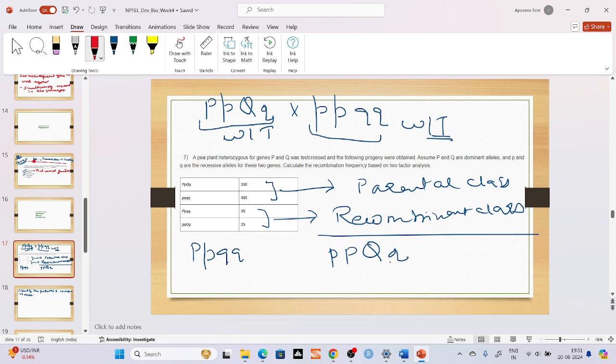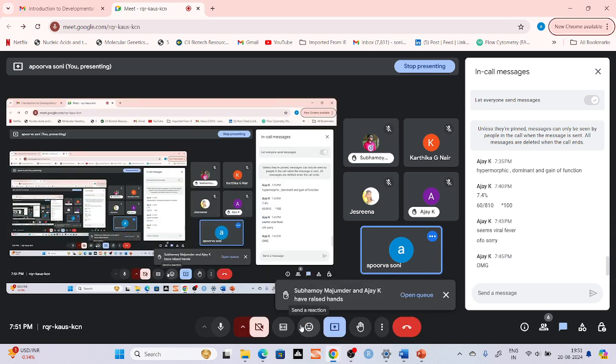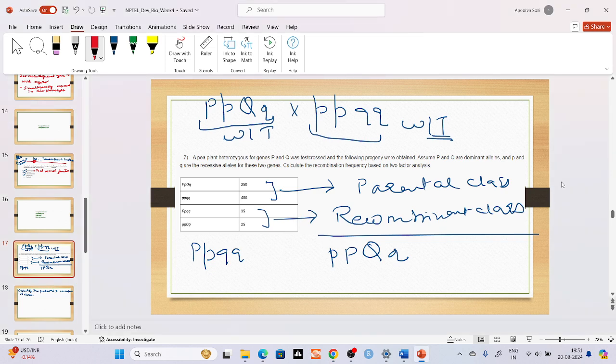It has happened in the Q gene. How has it happened in the Q gene? See, you compare this with this.